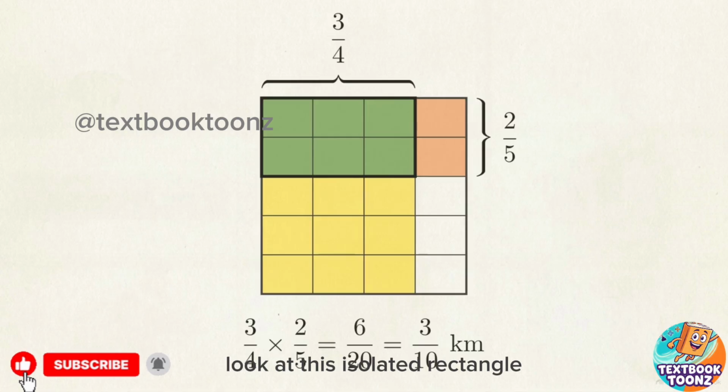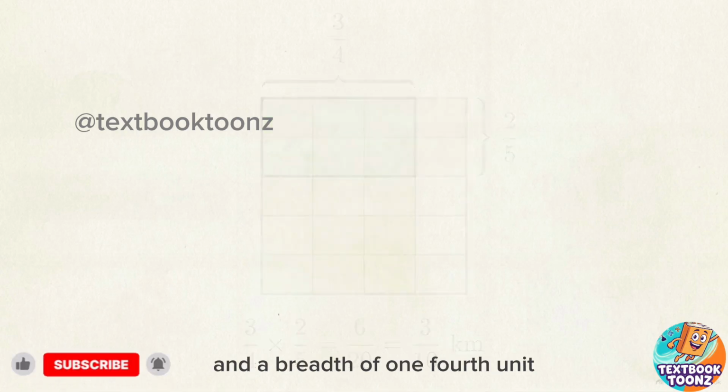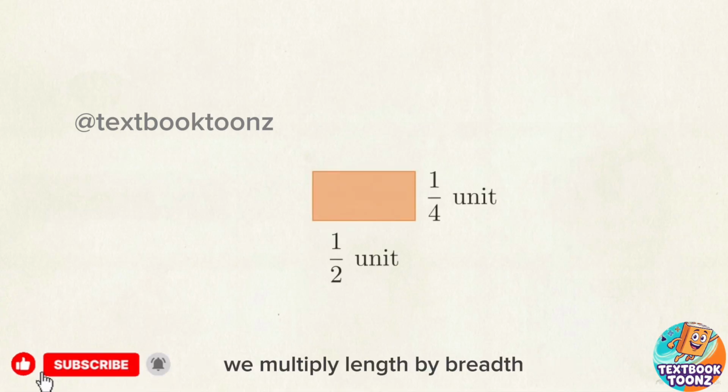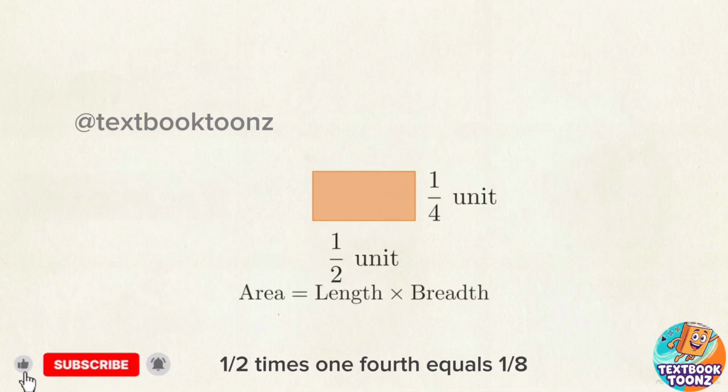Look at this isolated rectangle with a length of 1/2 unit and a breadth of 1/4 unit. To find the geometric area of any rectangle, we multiply length by breadth. We already established that 1/2 times 1/4 equals 1/8.